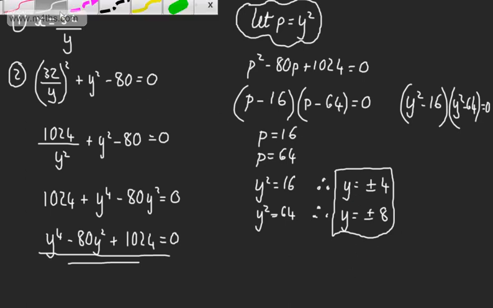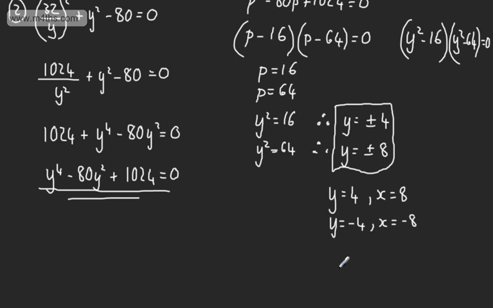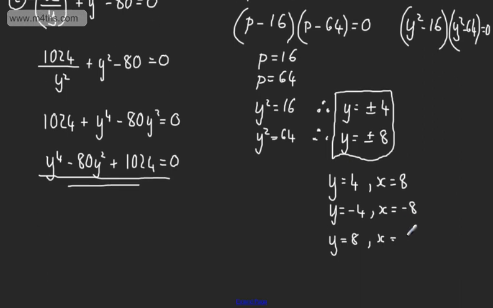So when y is equal to 4, we've got now that x will be equal to 32 over 4, and that's going to give me 8. When y is equal to minus 4, we've got x will be equal to minus 8. If we take now y to be equal to positive 8, we're going to have x will be equal to 32 over positive 8, which is going to give me 4.